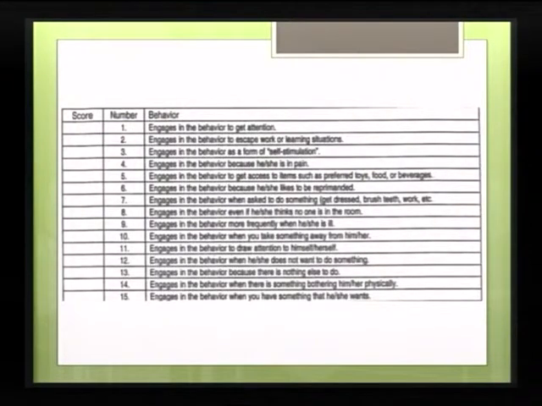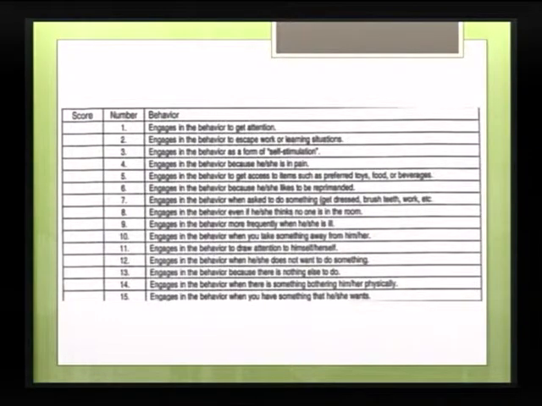This is an example of the QABF items. Teachers or parents have to estimate the frequency with which the student engages in many different types of behaviors. For instance, a couple of the items are: the student engages in the behavior to get attention, or the student engages in the behavior to escape work or a learning situation, and so on.